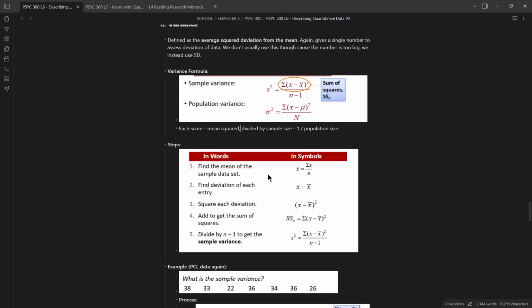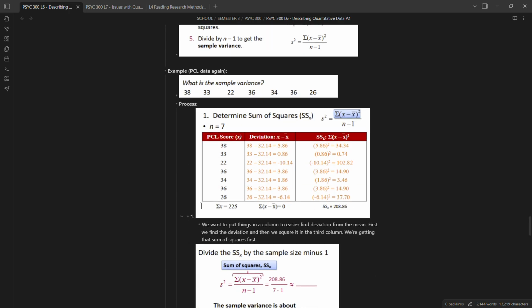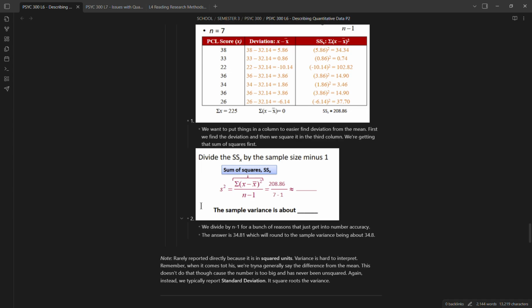In words, if you wanted to find your variance step by step, you'd want to find the mean of the sample data set, then find the deviation of each entry, square each deviation, add to get the sum of the squares, and then divide by n minus 1 to get the sample variance.